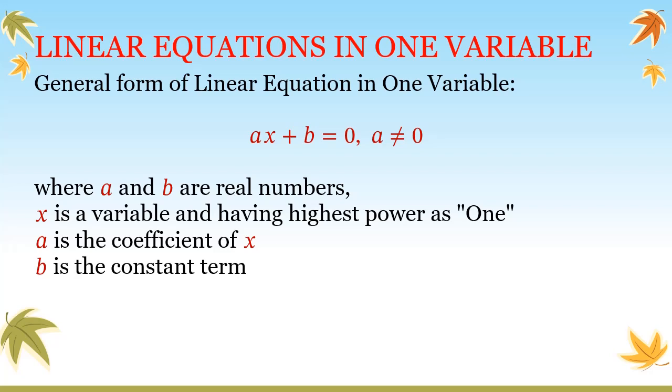Where a and b are real numbers, x is a variable and has highest power 1. That's why it is called a linear equation. A is the coefficient of x, b is the constant term. Linear equations are also called first degree equations because the exponent on the variable is understood to be 1.